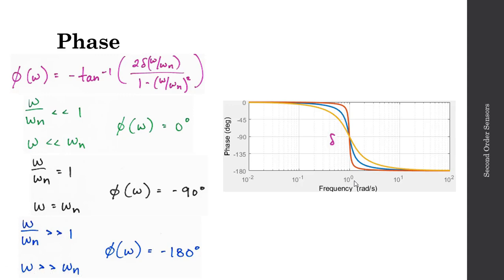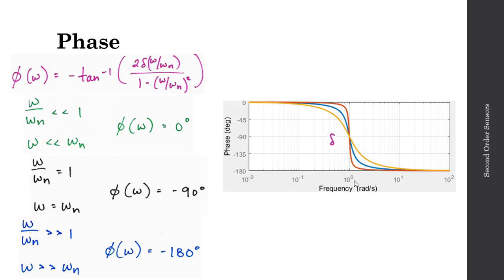Once again, contrasting our first order sensors with our second order sensors, if you recall, for the first order sensors, we leveled off at minus 90 degrees of phase. So for low input frequencies, we had a phase of 0 degrees, and that transitioned down to minus 90 degrees of phase for higher input frequencies. For our second order sensors, however, we're at 0 degrees of phase for our low input frequencies, and now we transition down to minus 180 degrees of phase at the higher input frequencies.